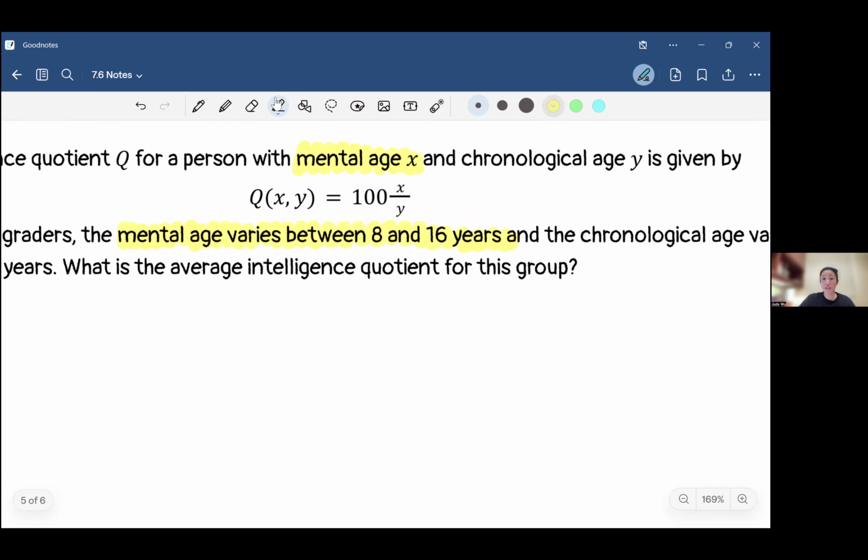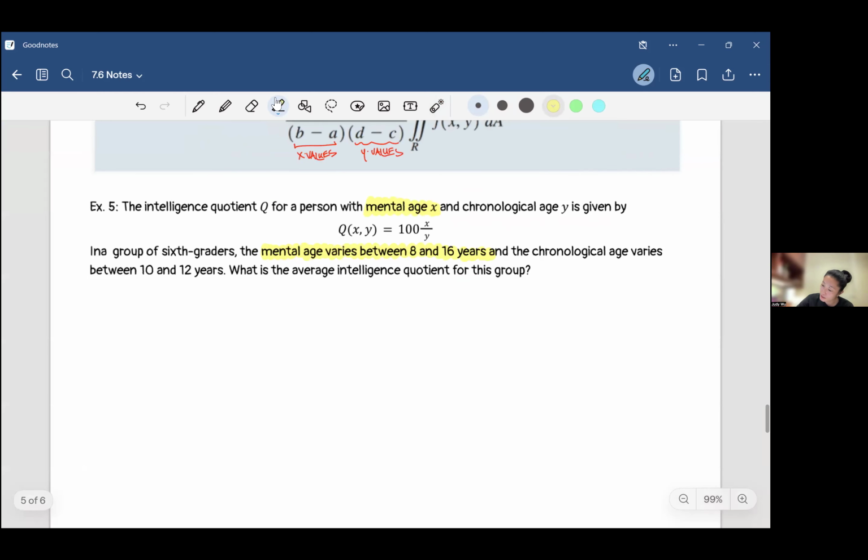Sure looks like someone's giving us an 8 and 16 for our integral bounds. And the chronological age varies between 10 and 12 years. And remember, our chronological age is our y values. So, what is the average intelligence quotient for this group?